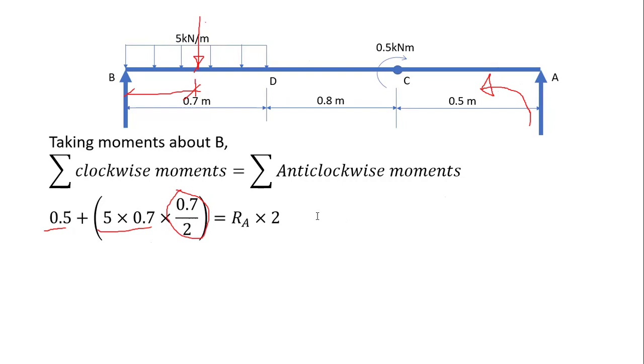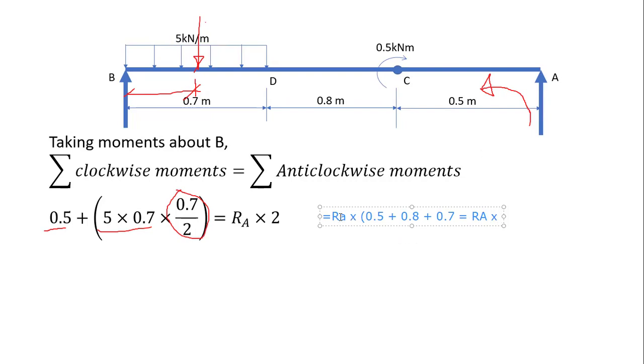For the other side, we can say it is RA multiplied by, first of all here, 0.5 plus 0.8, again plus 0.7.